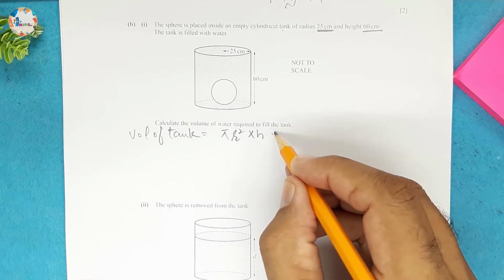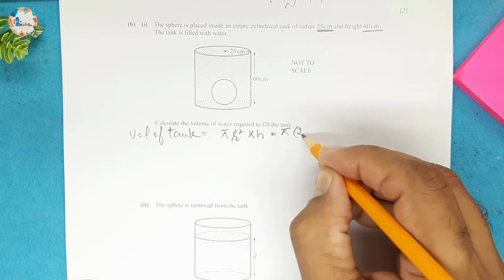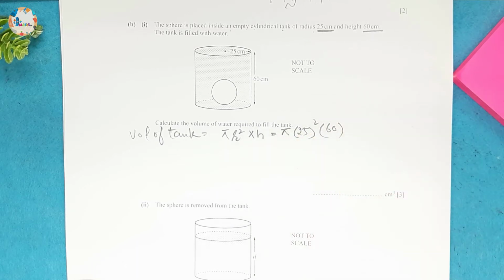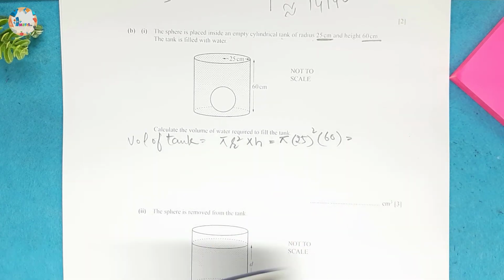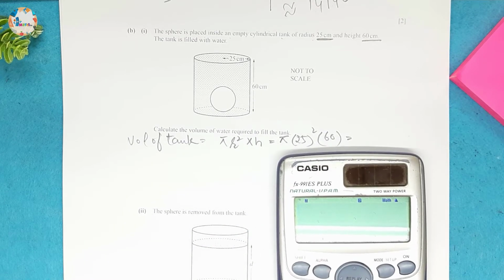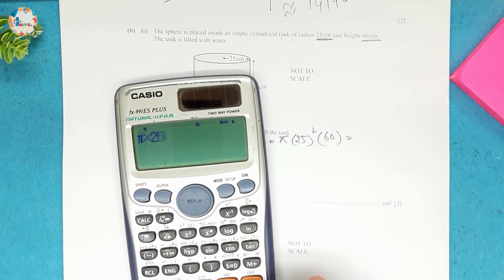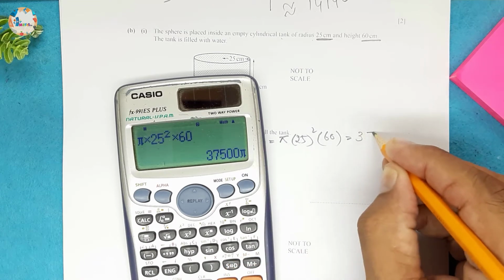So this will be equal to pi, r is 25, so 25 squared into 60. This will be basically the volume of the tank, and we can write it in form of pi.